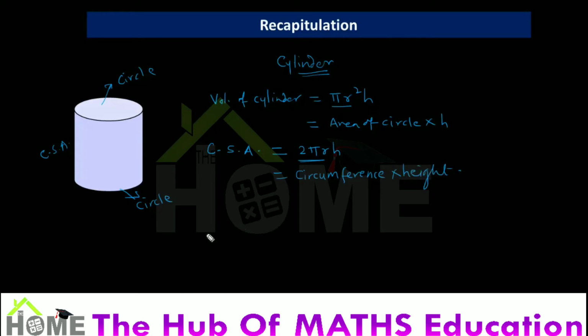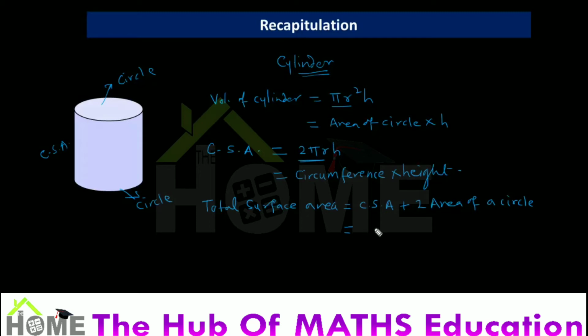Then the next one is the total surface area of a right circular cylinder, that is the curved surface area plus 2 into the area of a circle, because there are two circles, the top circular and the bottom circular area.